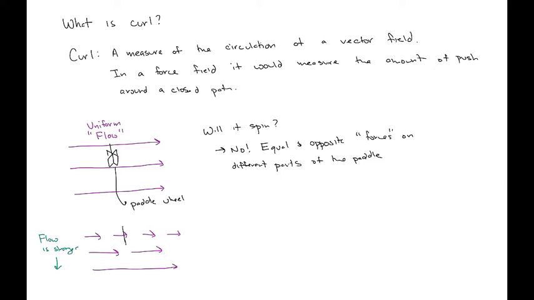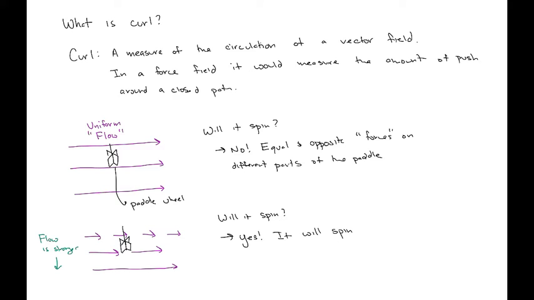The question is whether or not that paddle wheel would turn at a particular location in my field. So will it spin? You guys can, if you want, think about that for a second. But I would argue that yes, in this case it will spin.